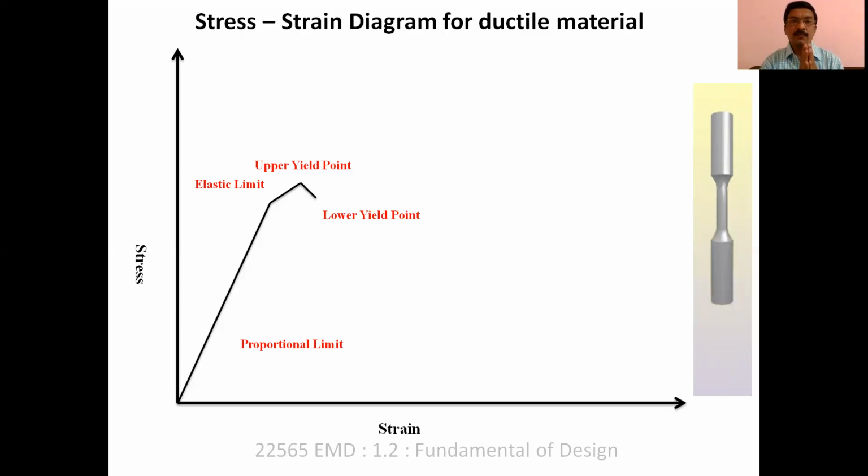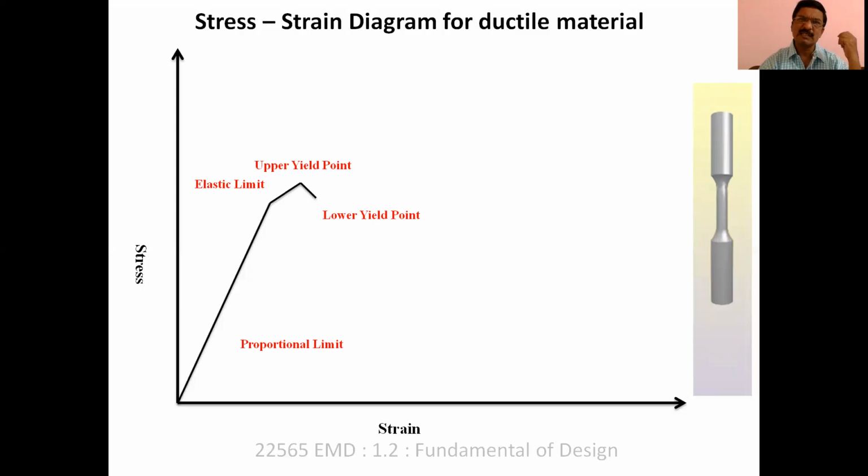If you just observe the figure, you will find that there is a negative direction of that particular graph. Negative direction of the graph means here without application of force, there is an increase in the strain. Why? Because it is in this plastic zone. When the material is in the plastic zone, then obviously that particular material deforms easily. So that is called lower yield point.